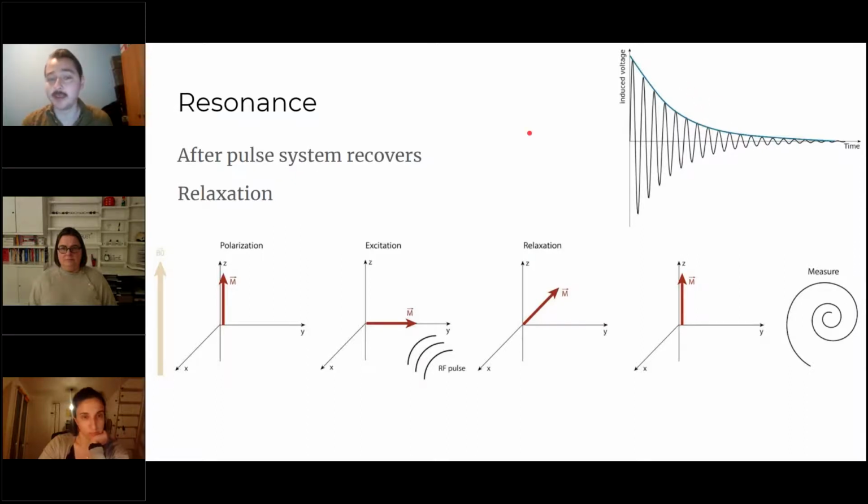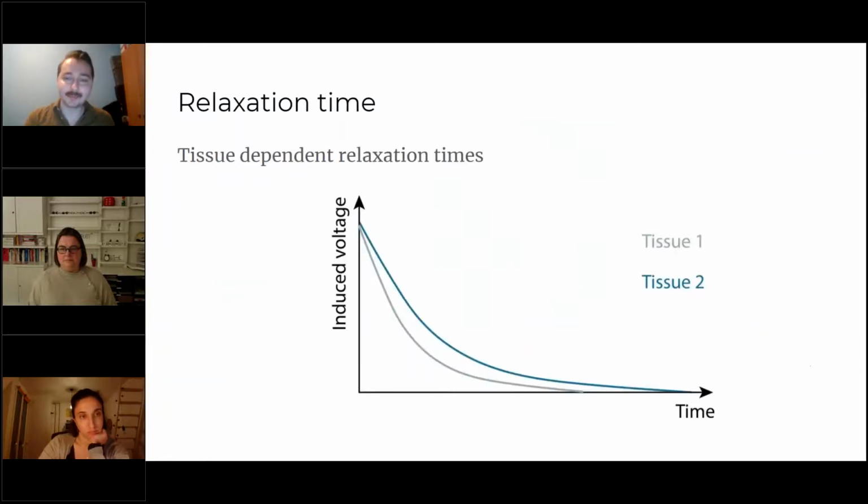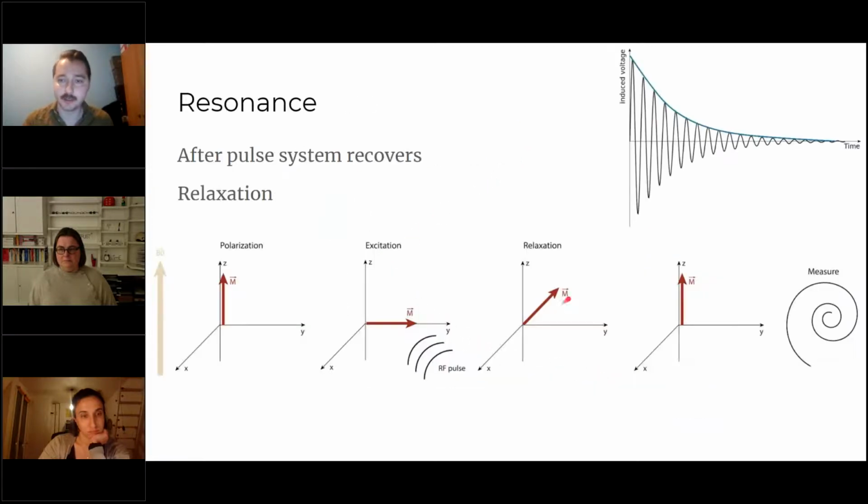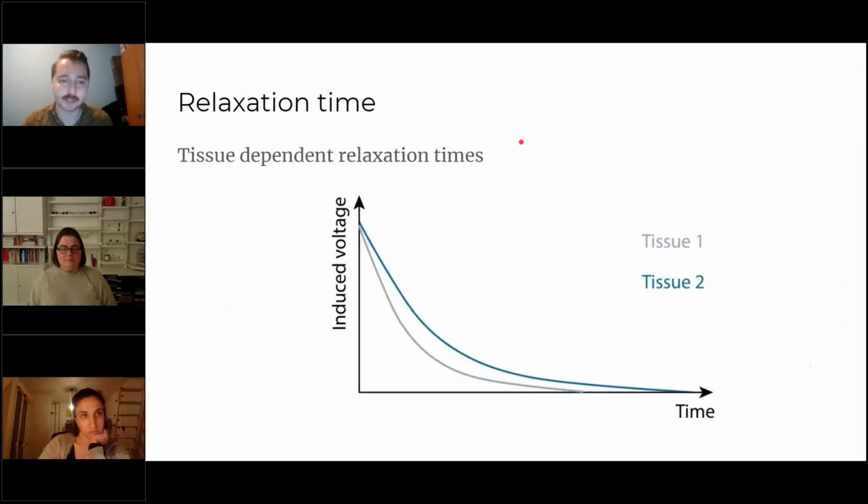And what we measure then essentially is this decay of the signal back to 0 slowly as the system recovers. Well, by slowly, I mean slowly in terms of physics, which still means millisecond or microsecond timescales. And crucially, what makes us care about any of this is the fact that the time of the relaxation, here I only plotted the envelope of this signal, so how fast this decays, but in fact it looks oscillatory still, but I chose to ignore that in these figures, depends on the type of tissue that the signal came from.